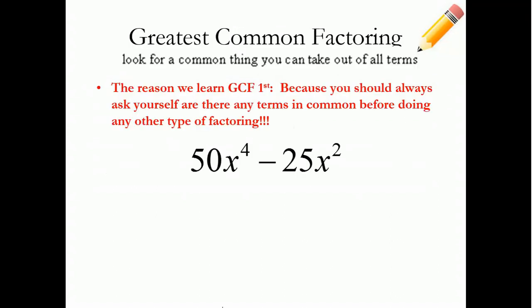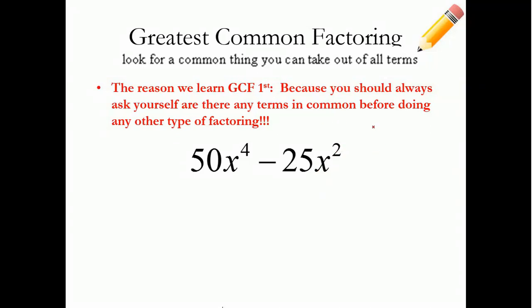So the first kind we want to look at is greatest common factor. Now, you need to take out a greatest common factor first. Always, always, always check, because this makes it 10 times easier when you are factoring. It makes your problem simpler, makes the numbers easier, stuff like that. So right now, I have 50x to the fourth minus 25x to the second.